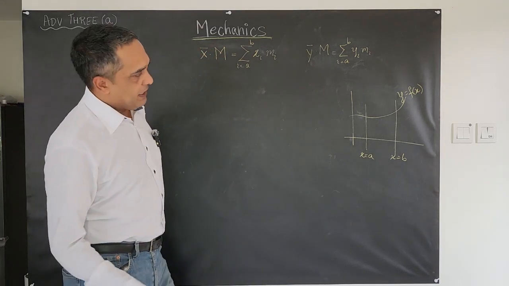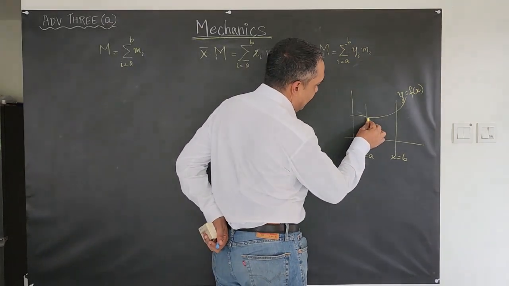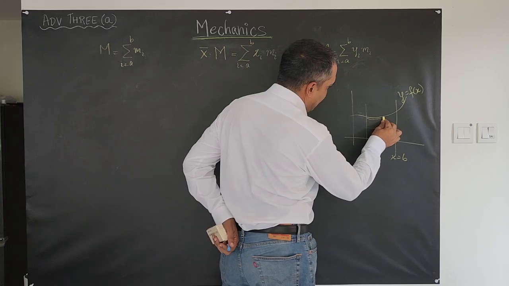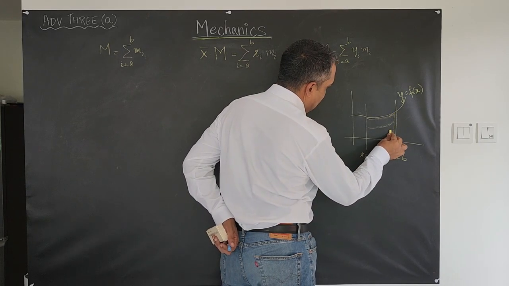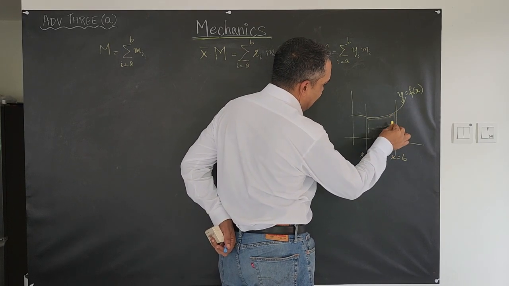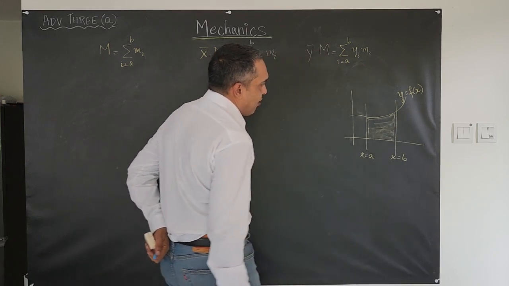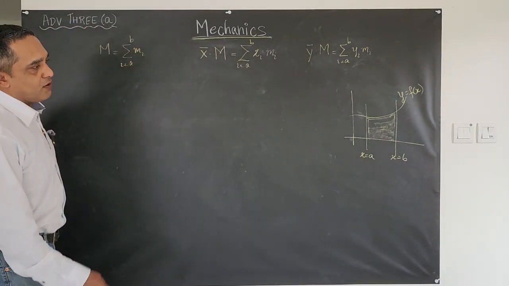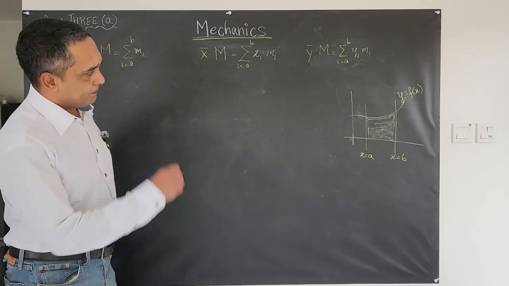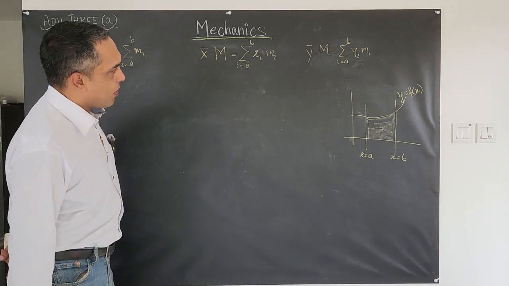What I'm effectively identifying now, and you'll know from integration, is the area, and that becomes my lamina. But how do I find the center of mass of that lamina? This is the fundamental problem.